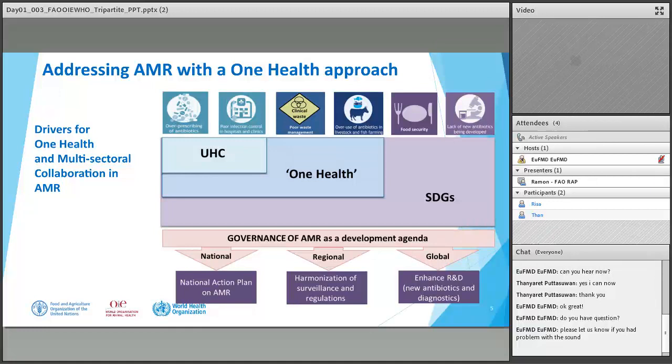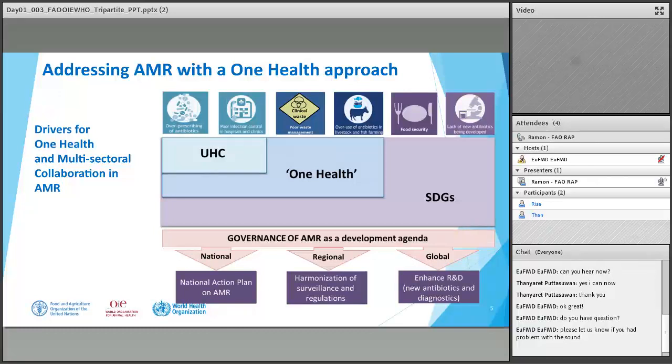So there are very specific medical and medical facility objectives that are part of this process. That's dealing with the overprescription of antibiotics and dealing with poor infection control in hospitals and clinics. So under universal healthcare, looking to address those is very specific to the human sector. But under One Health, there are issues of waste management and clinical waste, especially infectious waste, and the overuse of antibiotics in livestock and fish farming.